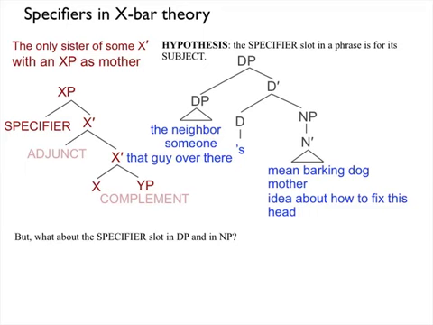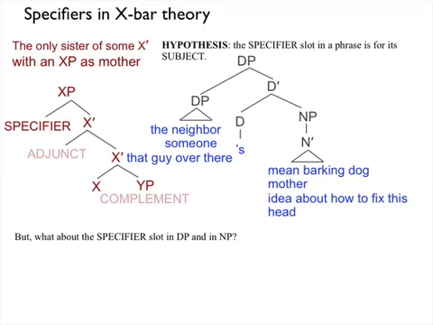Take the army destroyed the city. You can turn the verb destroy into the noun destruction by adding the morphology, and then you could have the army's destruction of the city. So it would have a kind of parallel structure to the clause. And that idea is what we're going to be capitalizing on here.